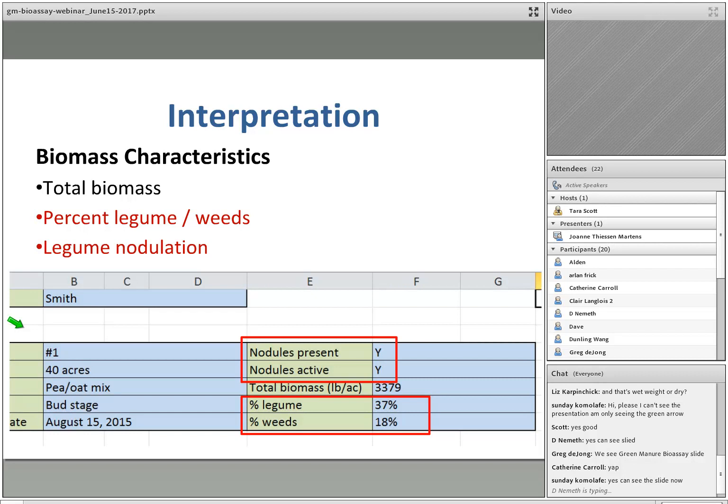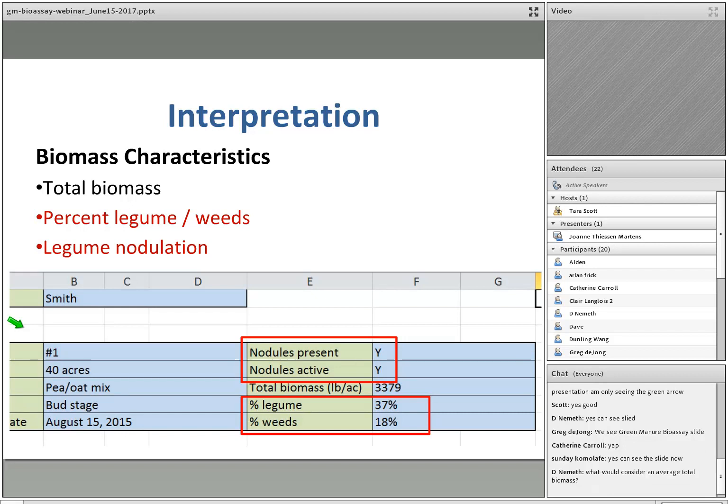However, we can see that this one had its nodules present and active, and so we can rule out inoculation or lack of nodulation as a problem here. And so then perhaps you can go down the steps of what additional issues might be, and perhaps it was in the seeding mixture, that the legume seeding rate was on the low side compared to the non-legume.